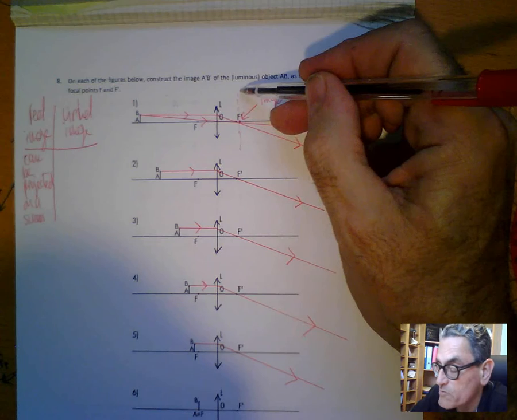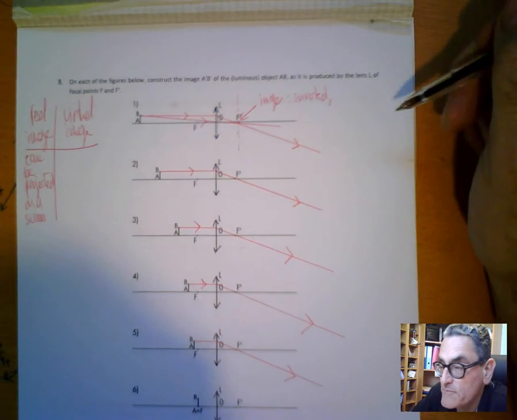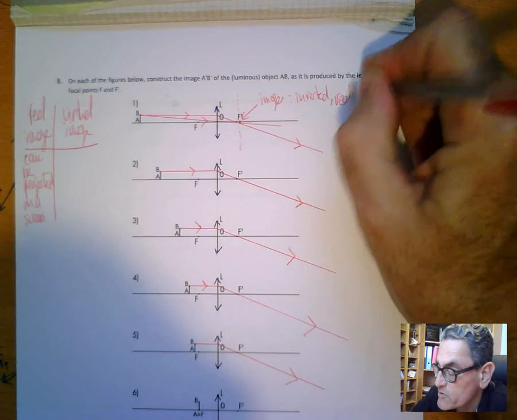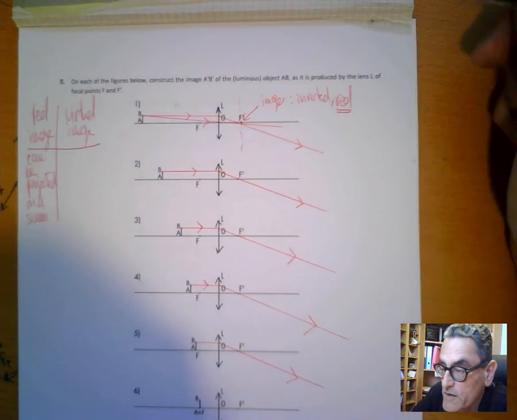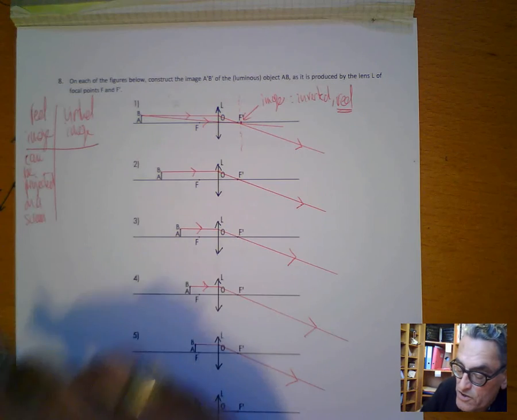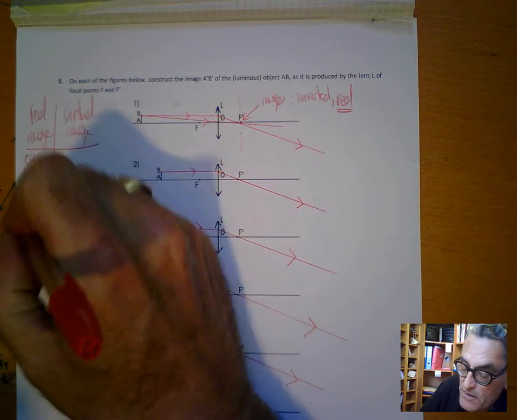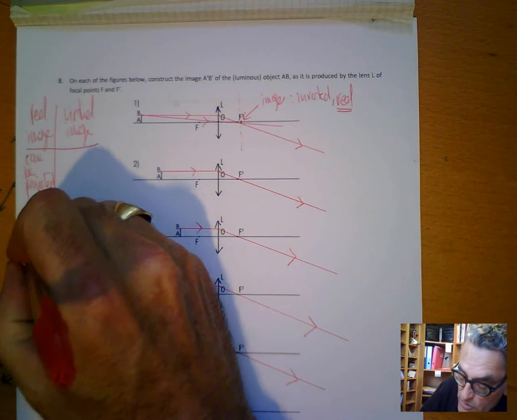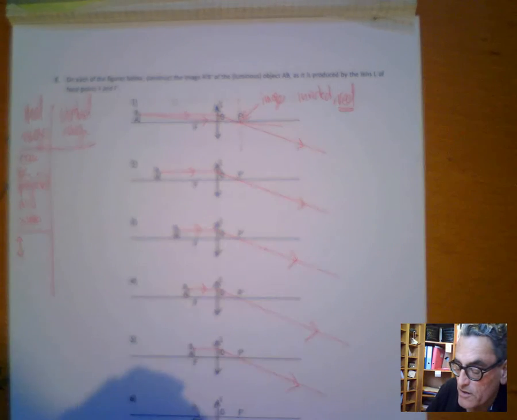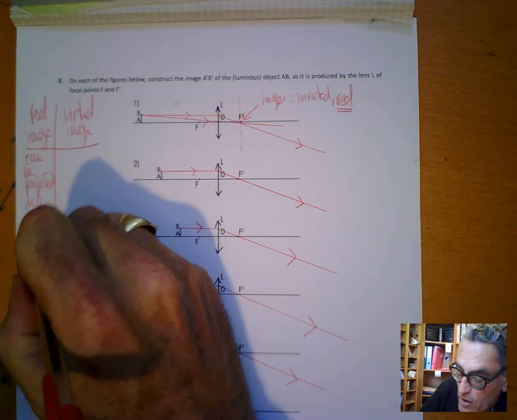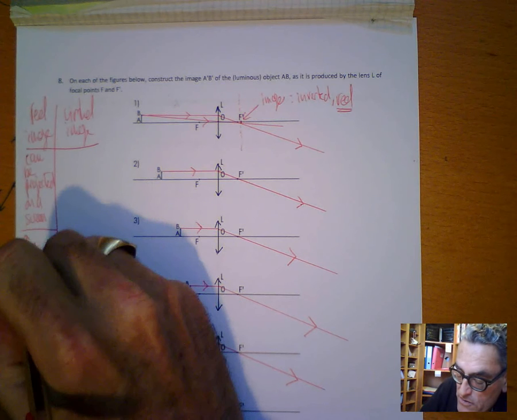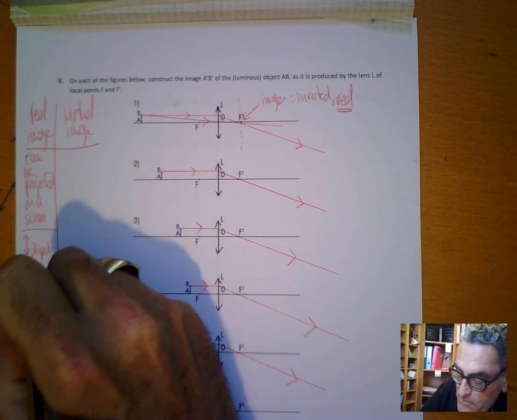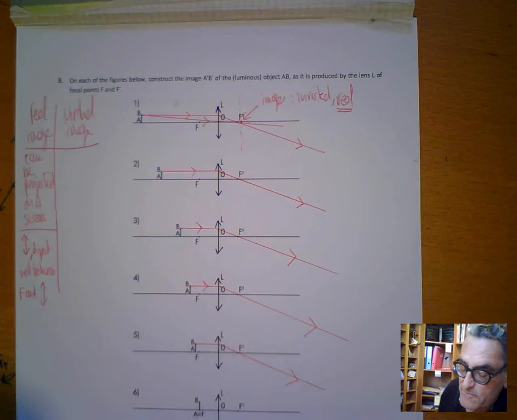Do you think this is the case? Will we see something on the screen here? Yes, we have light rays arriving, so this image is real. And in which situations do we get a real image? I remind you that it's with the convergent lens, when the object is not between F and the lens.